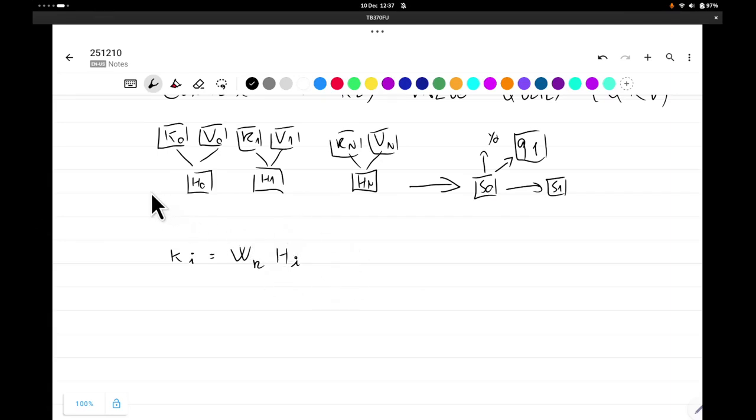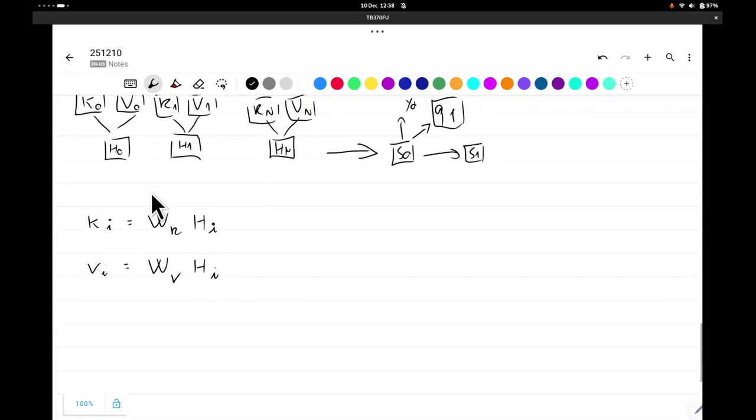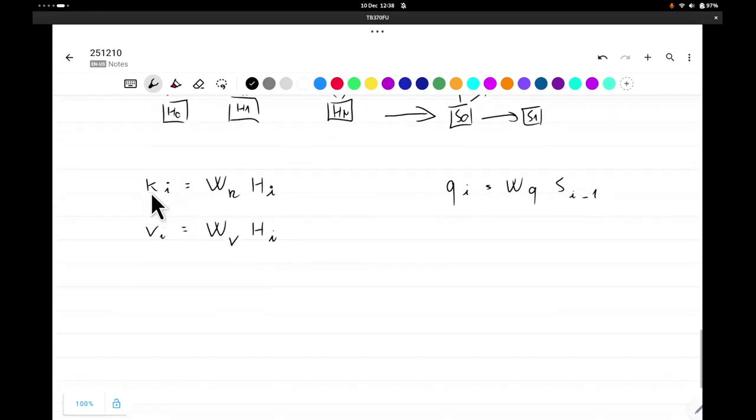Then I have V_i, that is another projection, sorry, this should be V of the encoder. And then on this side I have the query, that is a suitable projection of the now decoder state. And the convention here is that, okay, you look at the previous one.